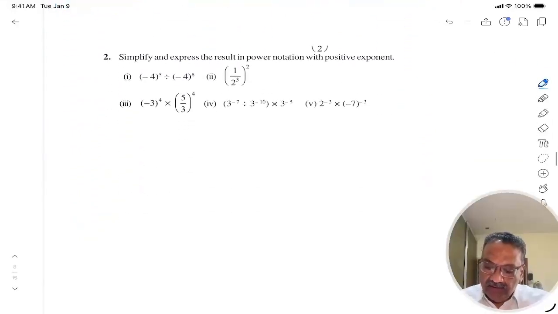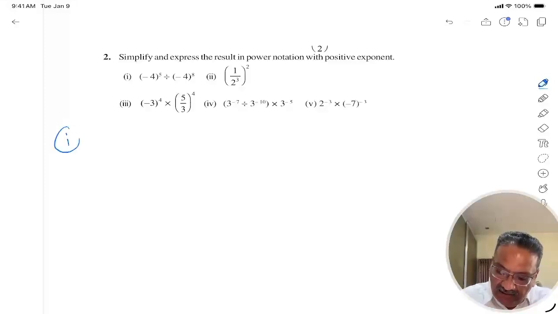Second question. Simplify and express the result in power notation with positive exponent. They want the power notation, but the exponent has to be positive, not negative. Okay, so let us take the first question. Minus 4 to the power of 5 divided by minus 4 to the power of 8.